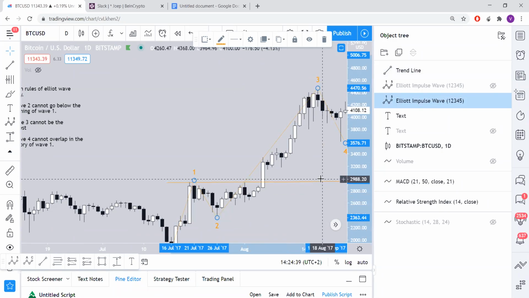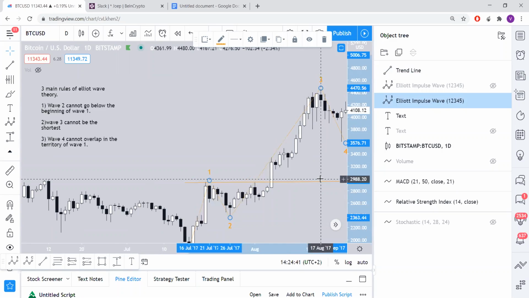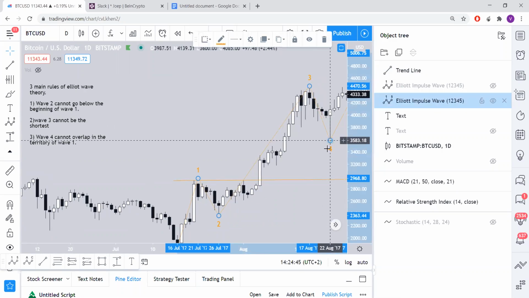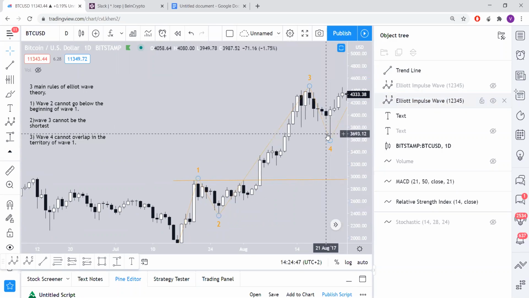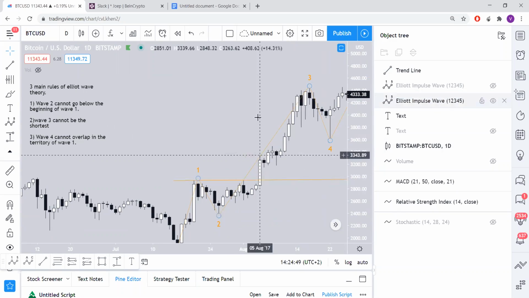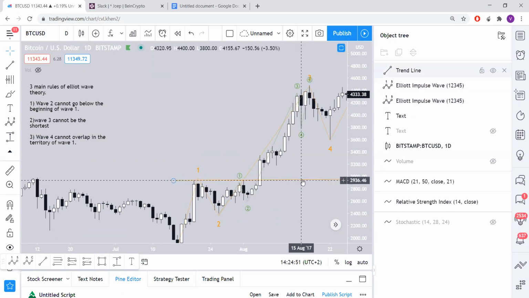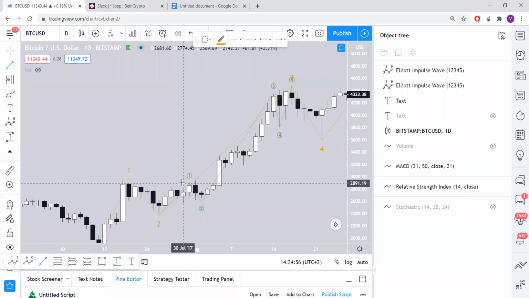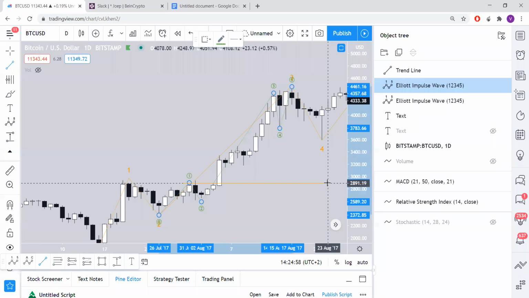So that's your invalidation level. It's good to place a stop loss there. I mean, you have to check the risk and reward and other signs, but just for the sake of argument, wave 4 cannot go below the beginning of wave 1. For the green count, invalidation would be right here.